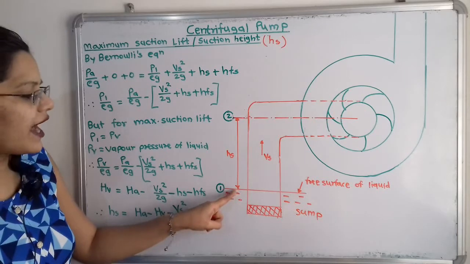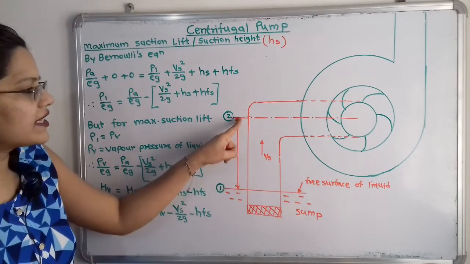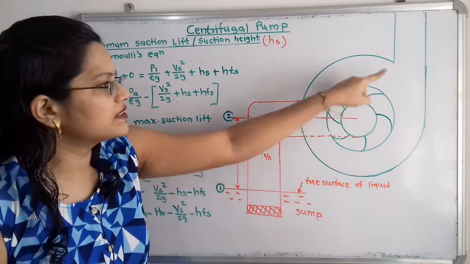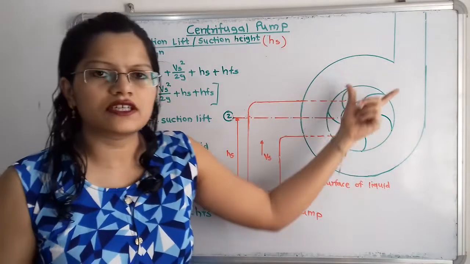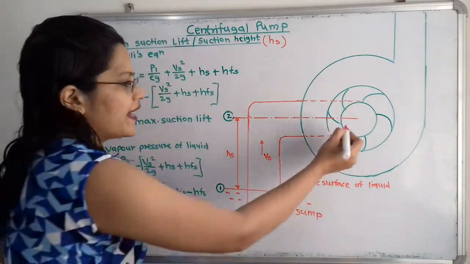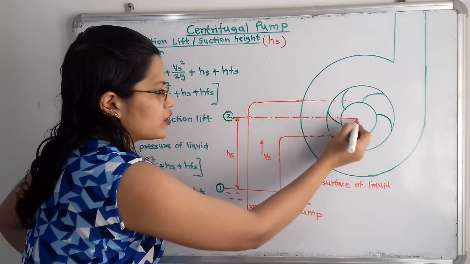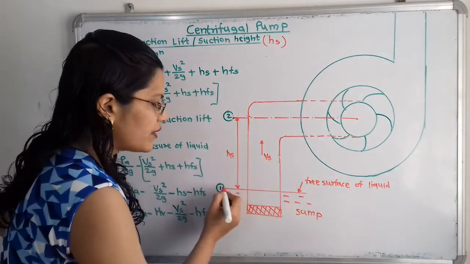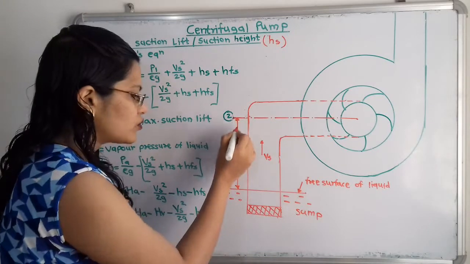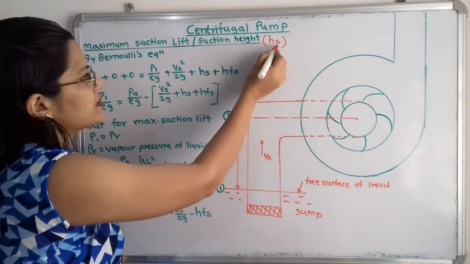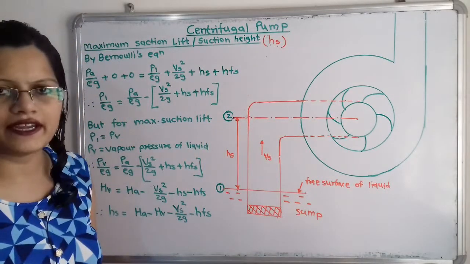Now what is the height to which the water is getting lifted, to the center of the centrifugal pump. So here is the structure of the centrifugal pump and this is the center. So from the center of the centrifugal pump to the free surface of liquid, this total height is known as Hs, that is the suction height.